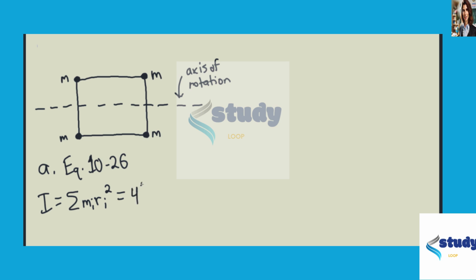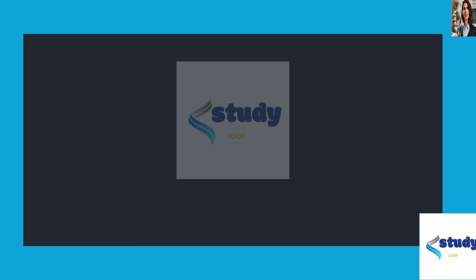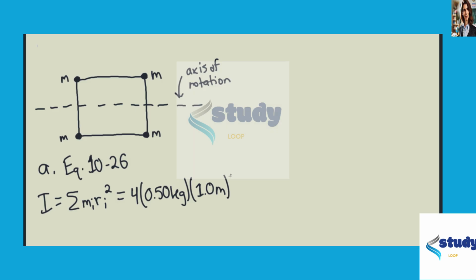So this would be 4 times each mass of 0.5 kilograms, and the distance from the axis of rotation to each mass would be 1 meter, quantity squared. This equals 2.0 kilograms meter squared. This would be your answer for part A.